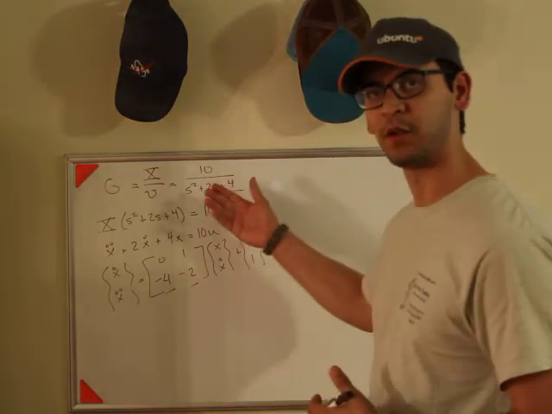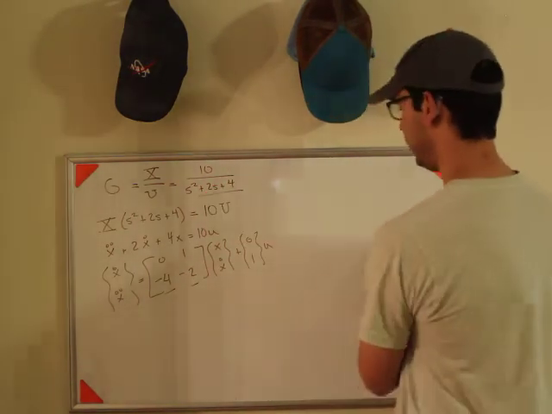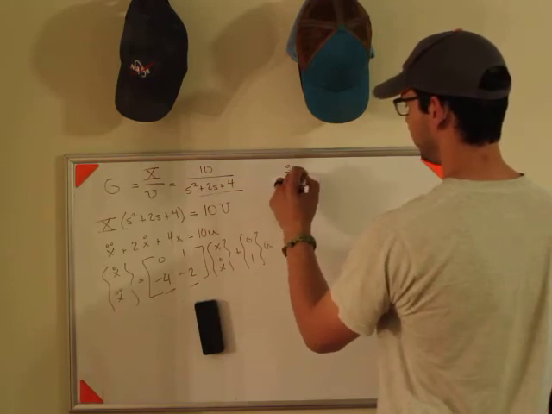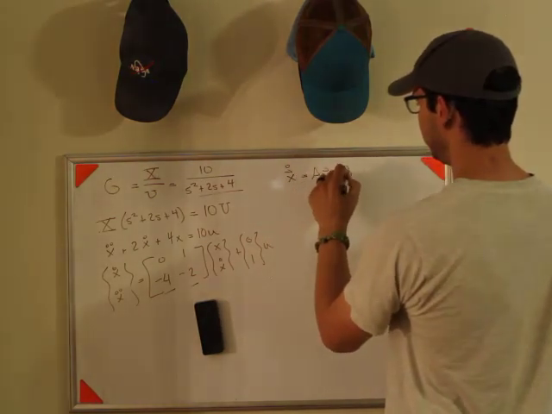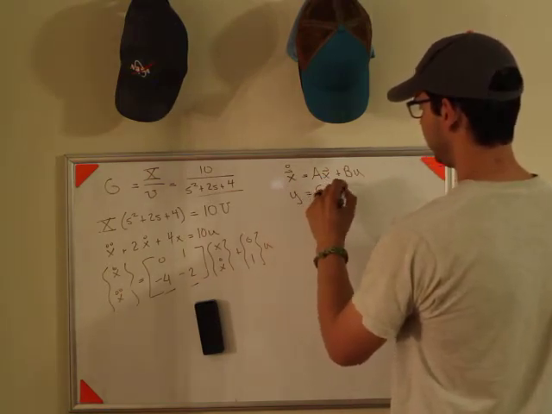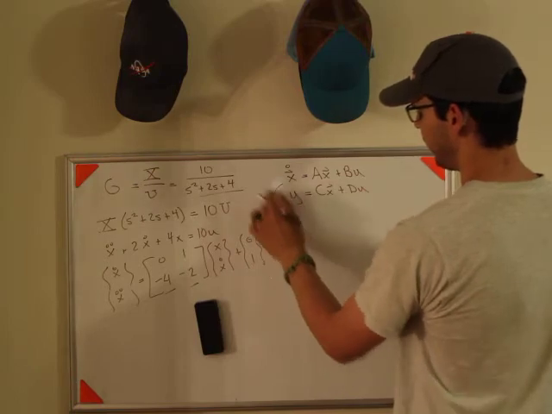So then what happens if you want to go backwards, right? Well, if you want to go backwards, let's take your state space system, x dot equals Ax plus Bu, and y equals Cx plus Du. Well, let's take a Laplace transform of this.